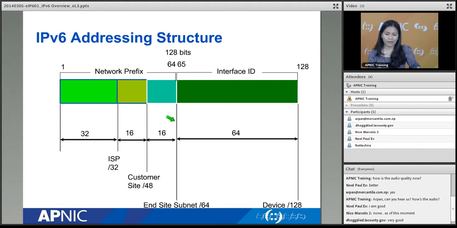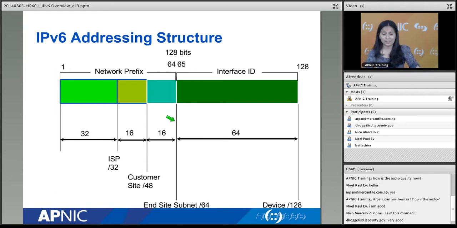Okay, you can assign that in different ways, which we might be able to look at in the following slides, but essentially, it can be based on the machine's MAC address. It can be manually assigned. It can be taken from maybe a DHCP server or other things. Okay, it can be randomly assigned by the operating system as well. But essentially, your interface ID is a 64-bit value.